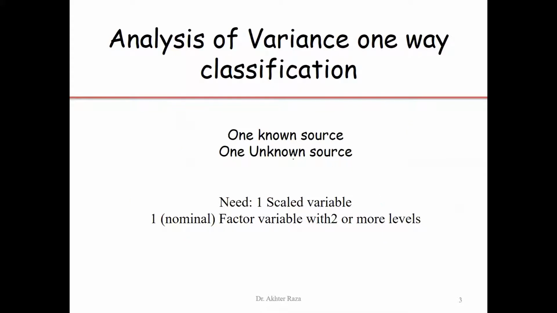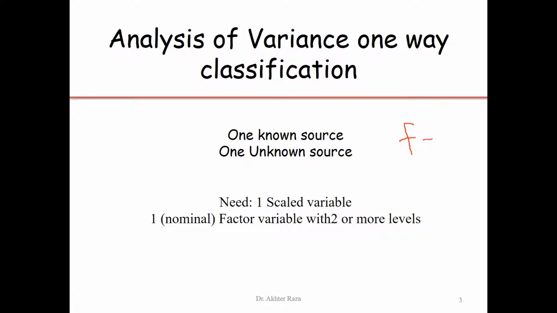For one-way ANOVA, we need one known source and one unknown source. I will describe what the known source is and what the unknown source is. These are basically the two sources by which we have to construct the F statistics.